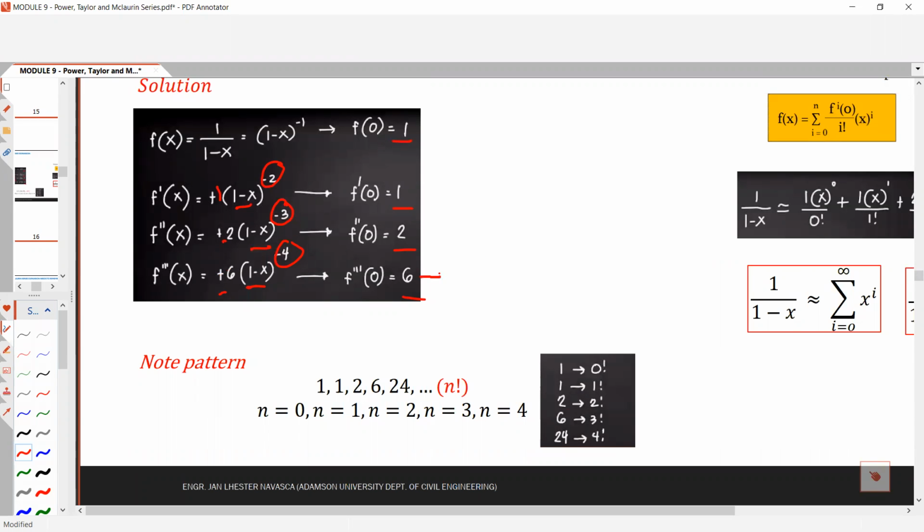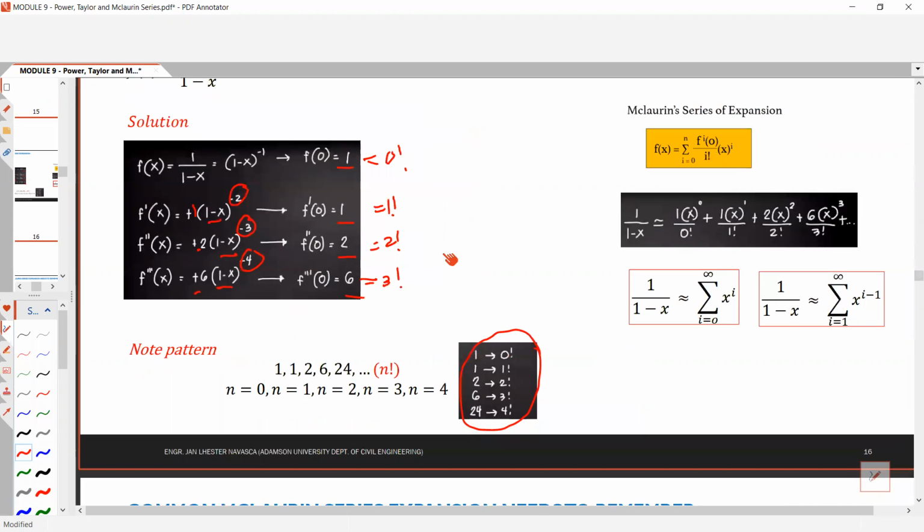This one is 3 factorial, this one is 2 factorial, this one is 1 factorial, and this one is 0 factorial. So 1 equals 0 factorial, which is f of 0. Next is f prime of 0, which is 1, up to 24. So I saw a pattern that it is a factorial.